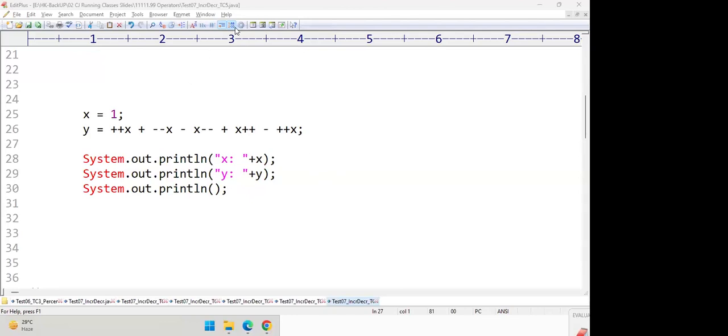Again and again I am saying, listen everyone, if you don't speak, this is your head.